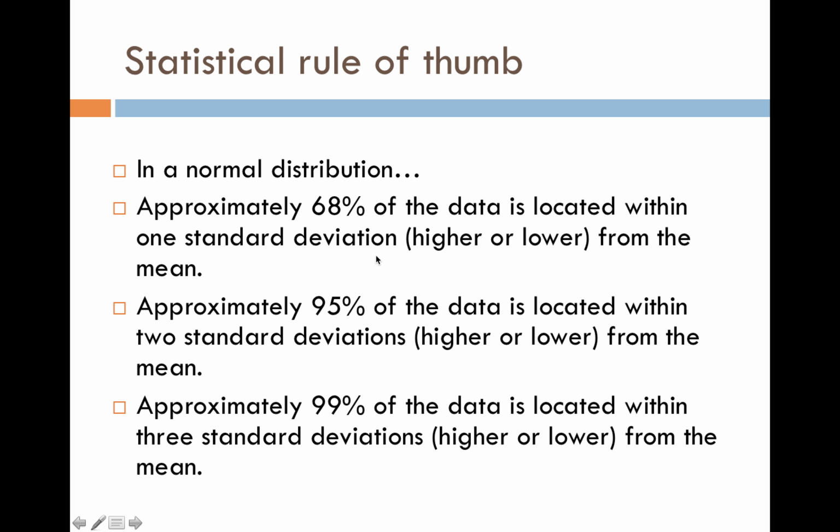This is just laid out for you in text. So in a normal distribution, 68% of the data is within 1 standard deviation, 95 is within 2, and then the third one, which we didn't go over, captures 99%.